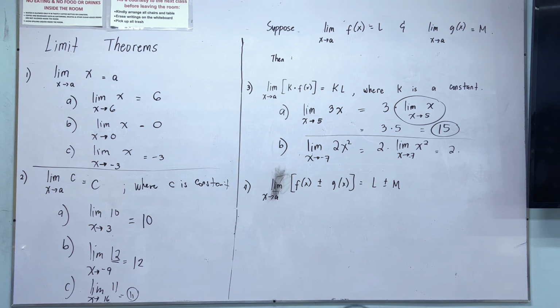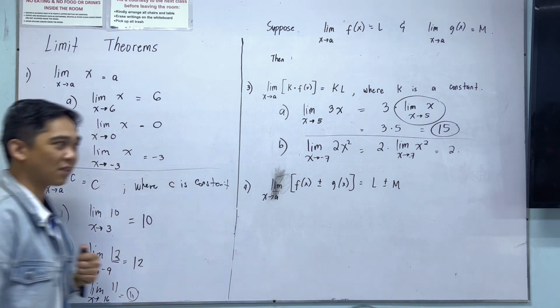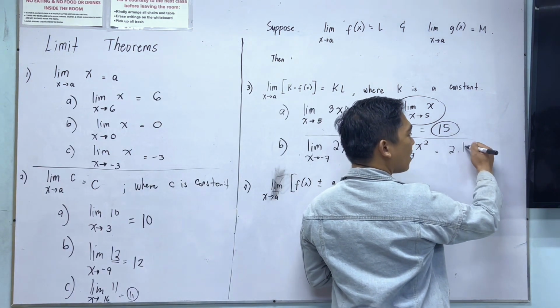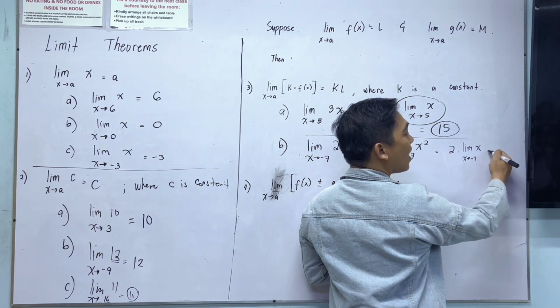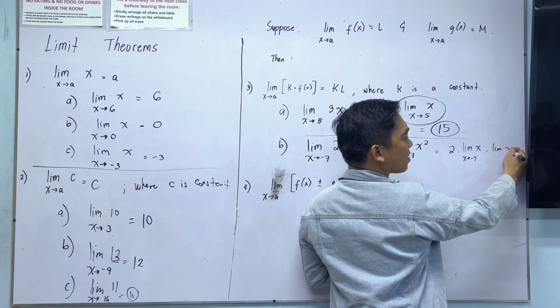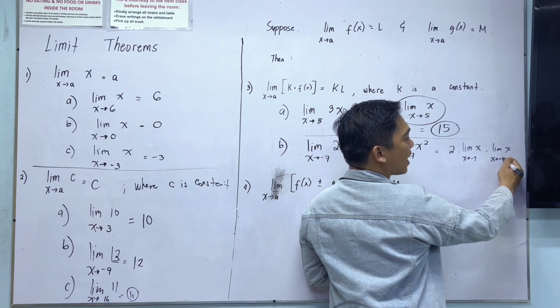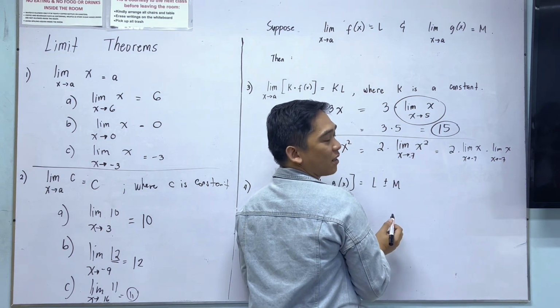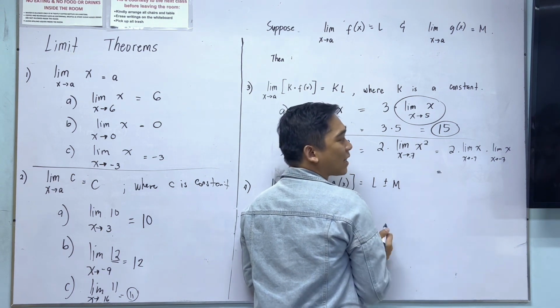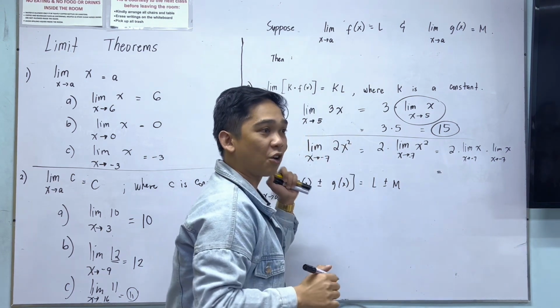Paano natin gawing x si x squared? Factoring. What is the factor of x squared? X times x. Eh di paghiwalin ninyo. So magiging limit of x as x approaches negative 7 times limit of x as x approaches negative 7. Kasi x times x is x squared. Oh, in that case, pwede na natin gamitin yung ating theorem number 1.